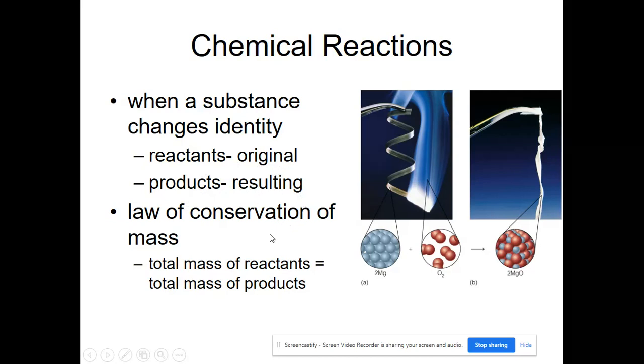Every chemical reaction has to satisfy the law of conservation of mass, which states that the total mass of the reactants has to equal the total mass of the products. So in this picture here, we have magnesium ribbon reacting with oxygen gas, forming magnesium oxide, and the total mass of the reactants and the products is going to be the same.